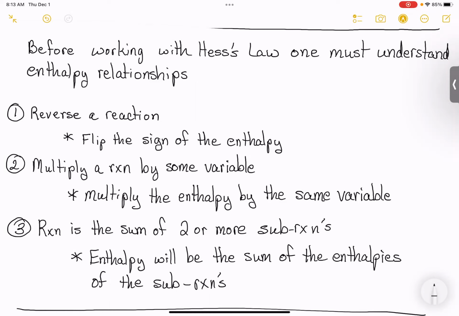Now, let me explain why number 2 works. Let's think about it. I actually gave you an example on Tuesday. A tiny amount of water doesn't require much energy to go from liquid into steam. But a large vat of water requires a large amount of energy to go from a liquid into steam. So we have to multiply the enthalpy by the same variable because the quantity matters.